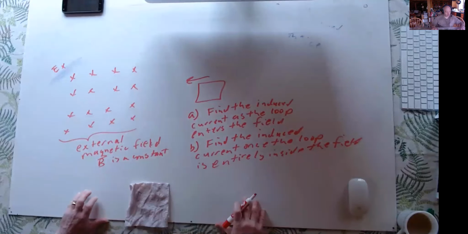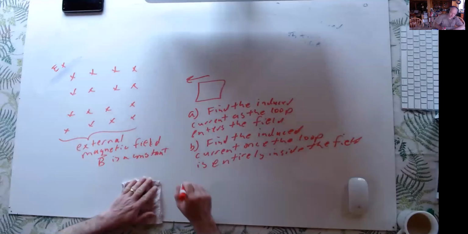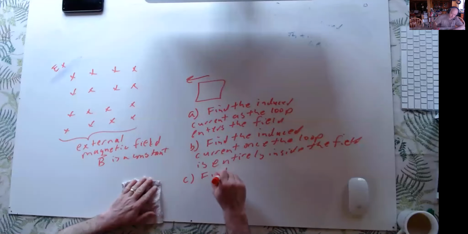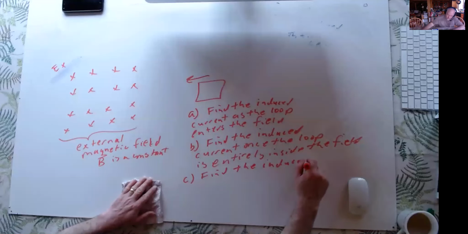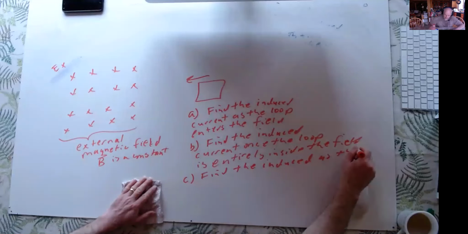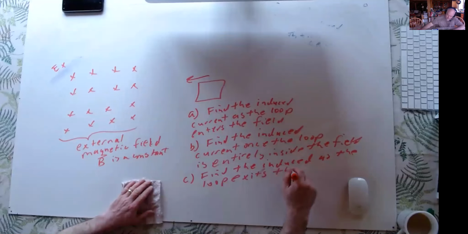And for the last part, we want to find out as that loop exits the field, what's the induced current. So find the induced current as the loop exits the field.